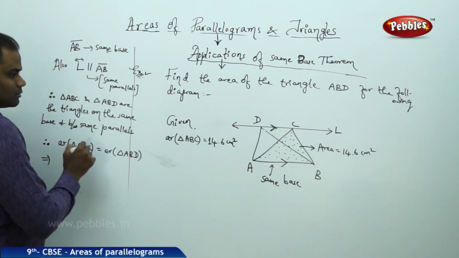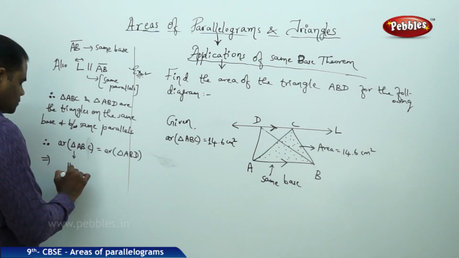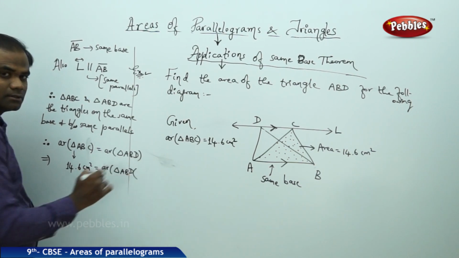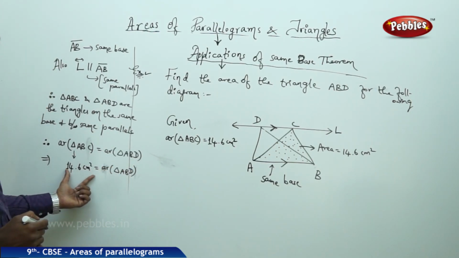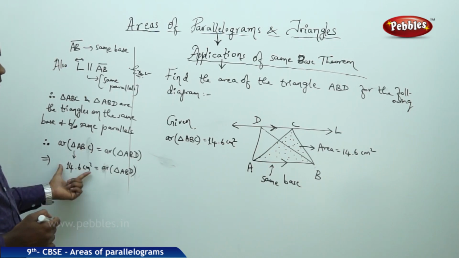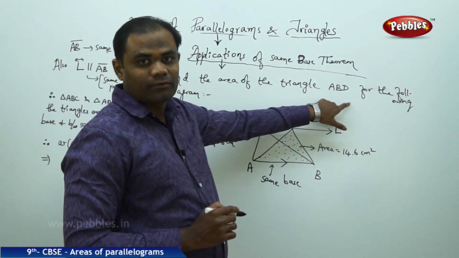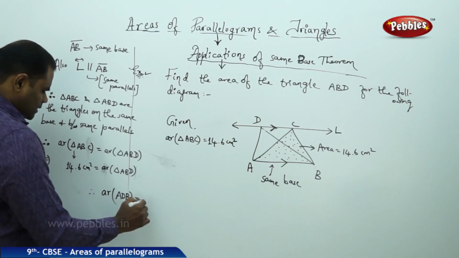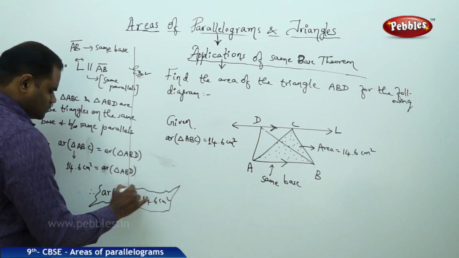So I have substituted for triangle ABC with 14.6 centimeters square, which indirectly states that the area of triangle ABD is 14.6 centimeters square. Therefore, the given question is to find area of triangle ABD. Therefore, triangle ADB has the area 14.6 centimeter square.